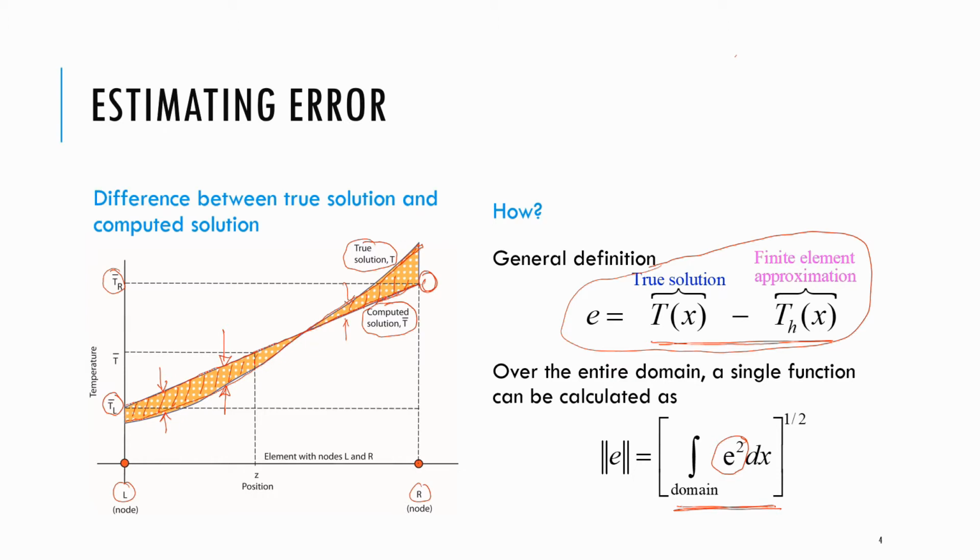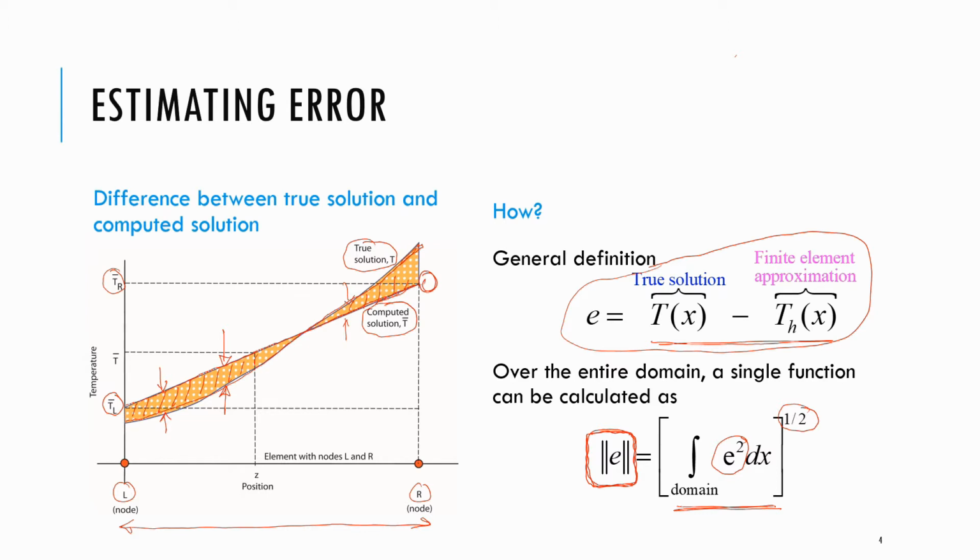And we take the square root, so it comes back to the same dimension. If it is temperature, it comes back to error in temperature, and so this is my error over this entire element. Over this entire element, this is the measure, and we can do this over all the elements.